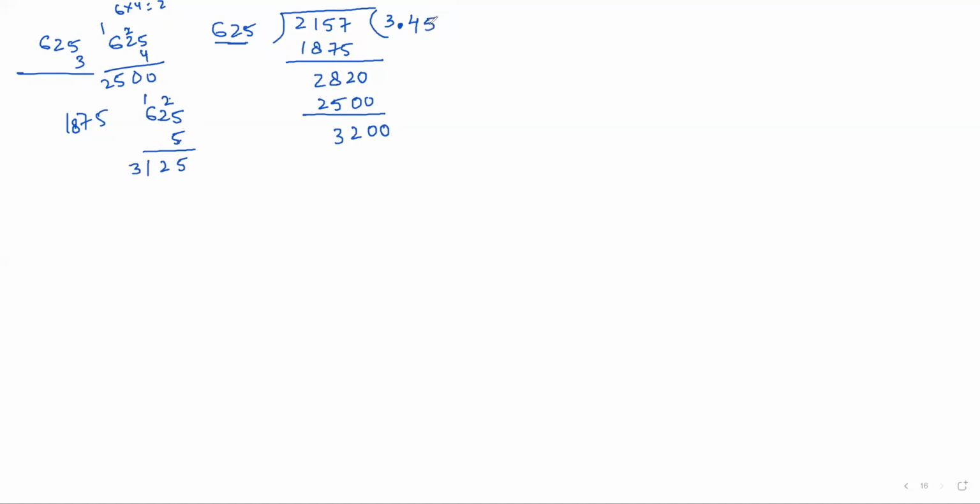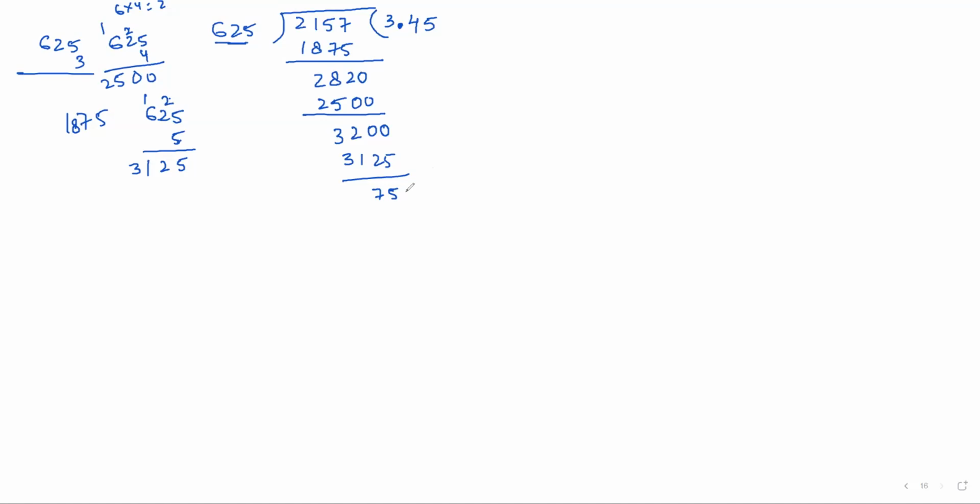So 5 times is 3125. Now subtract it. 10 minus 5 is 5. 9 minus 2 is 7. 1 minus 1 is 0. So I'm getting 75, right?